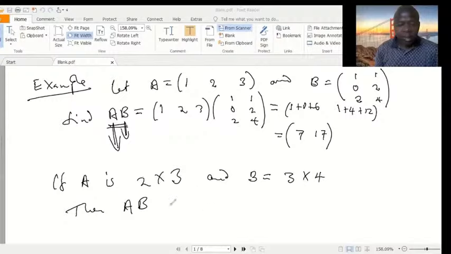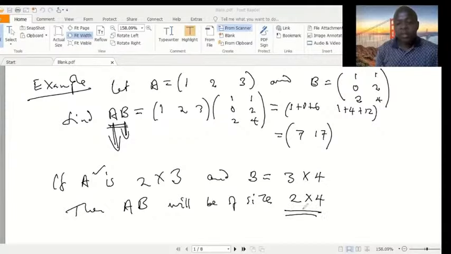But what will be the size of AB? The rows will be the same as those in A. So A has 2 rows. And the columns will be the same as those in B. B has 4 columns. So AB would be of size 2 by 4.